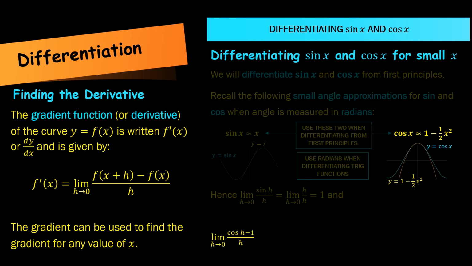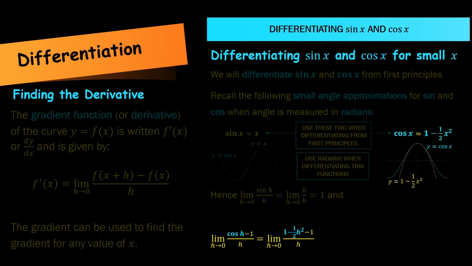We're now going to work with the limit as h tends to 0 of cos h minus 1 all over h. Using the small angle approximation, we have that cos h is equal to 1 minus a half h squared, as shown here.